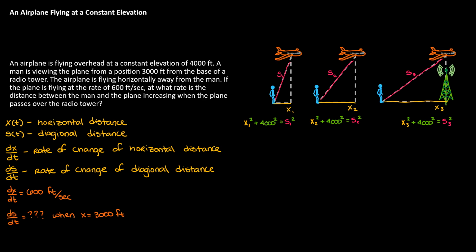So instead of saying x1 squared or x2 squared or x3 squared in each one of these scenarios, I can simplify it and just say x, which is changing with time. Same thing with the diagonal distance. I can use s because that changes with time. So we've got an equation that says x squared plus 4,000 squared is equal to s squared, where both x and s change with time.